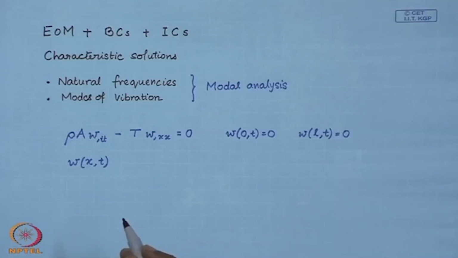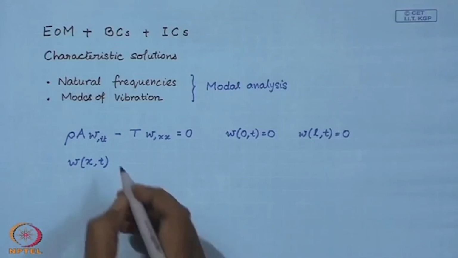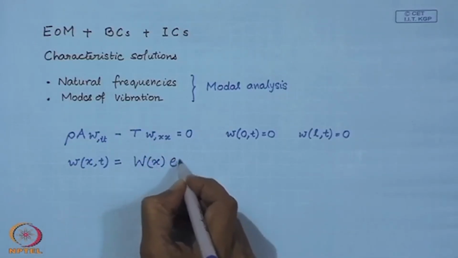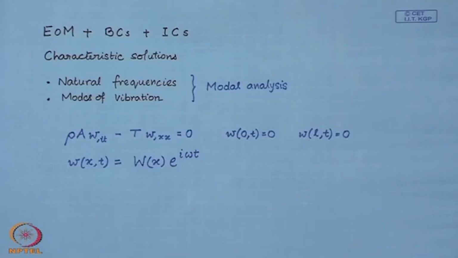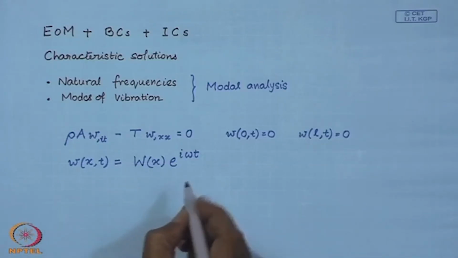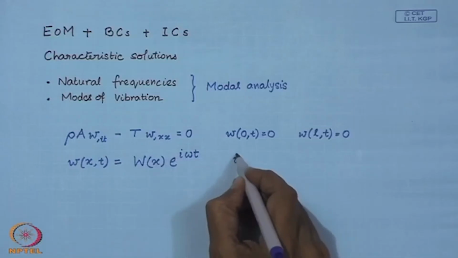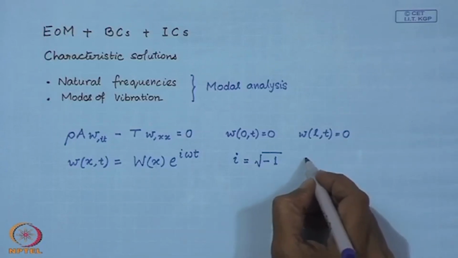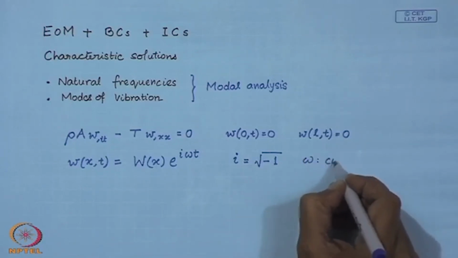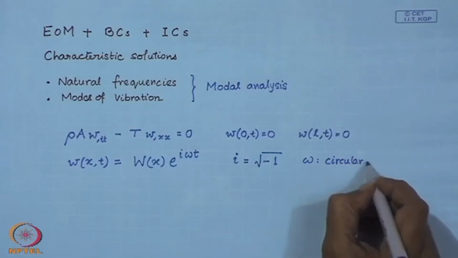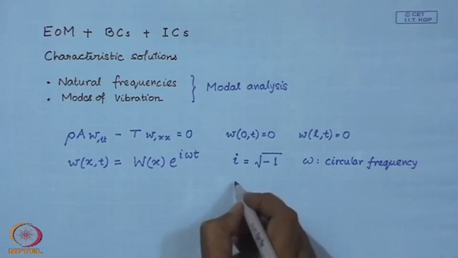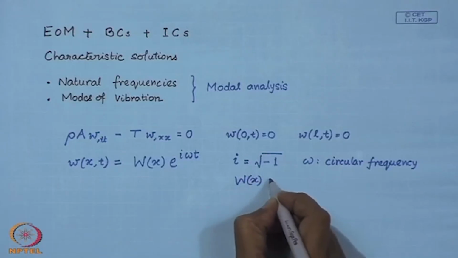Now, when we do modal analysis, we are searching for solutions which are of a very special form, which look like this, where i is the square root of -1, omega is known as the circular frequency, and W is the amplitude function.